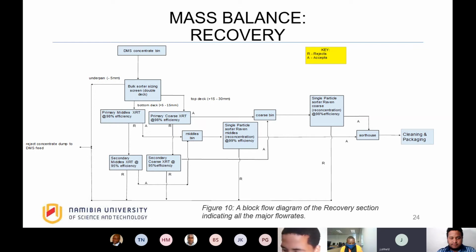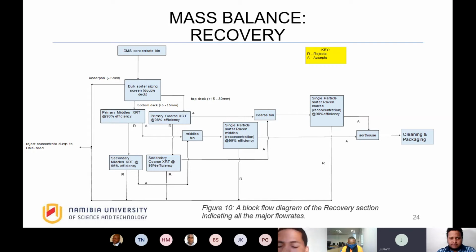All those rejects will join the underpin material from your double deck screen, and they will go to a concentrate dump where they will be kept for future reference, because they do still contain some diamonds, even though it's just a small amount, but we can't throw away any diamonds. So at some point they will be used again.